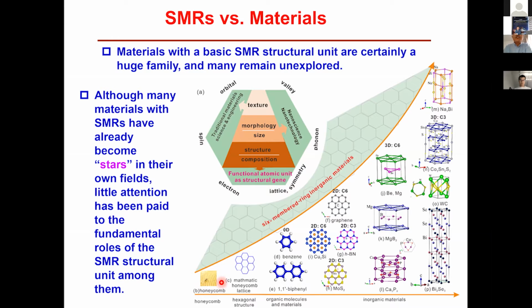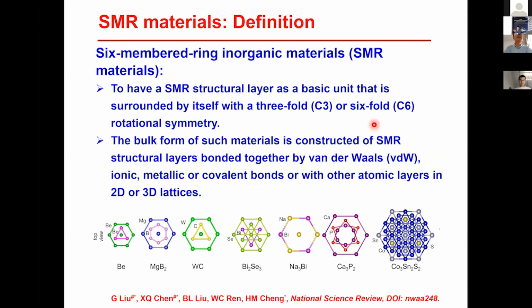So as I show you here, there are many types of materials with SMR structure, which need more exploration. So therefore, we try to define the six-member ring materials.